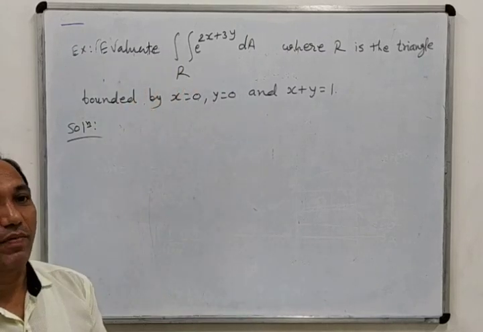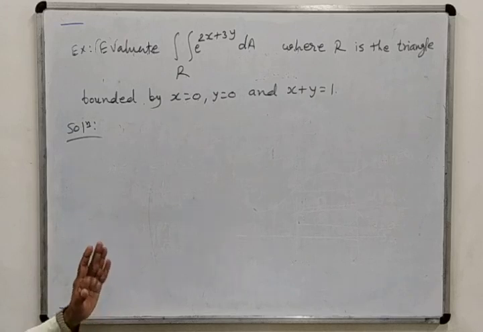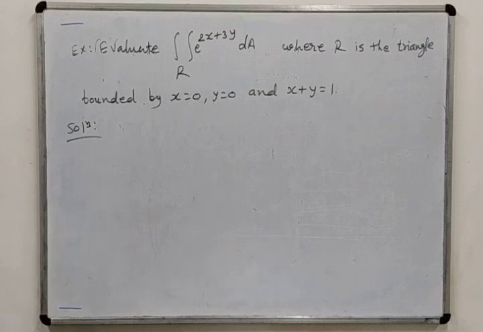So first of all we need to determine the limits of integration. To determine them we need to draw a figure, because without drawing the figure we cannot determine the limits. You must be clear with this fact that the figure is very important to determine the limits.